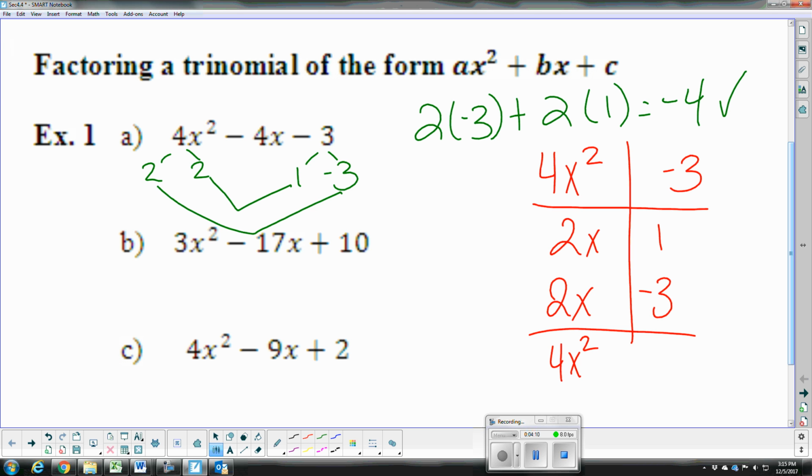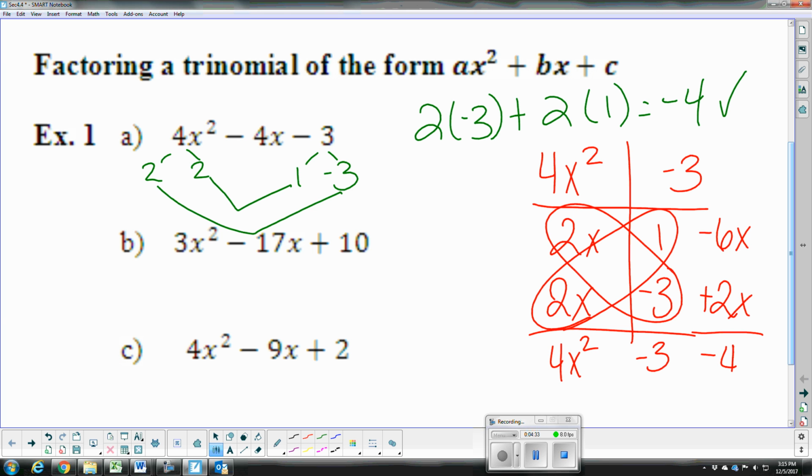That should be your A term. 1 times -3 should be your C term. And then here's your L and N times your K and M. So that's -6x plus 2x, and this should be your B term. So however way you want to organize that is fine. Just make sure that you're consistent so that you can keep up that same pattern.